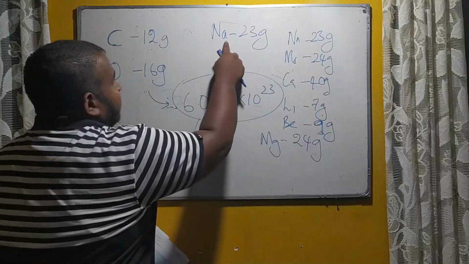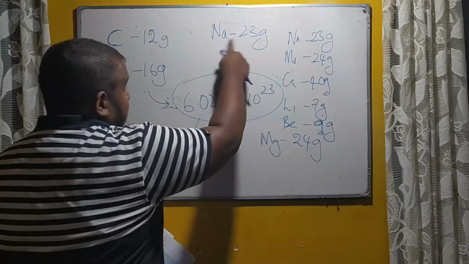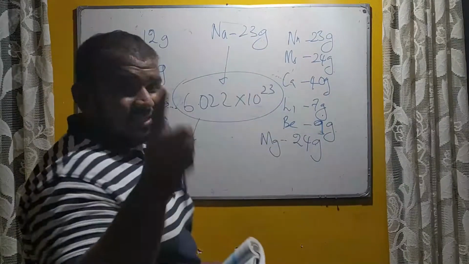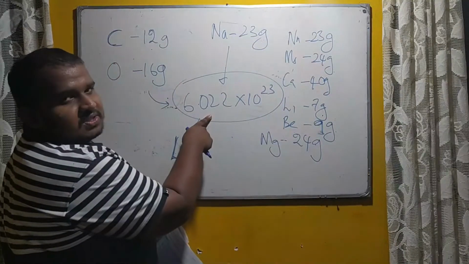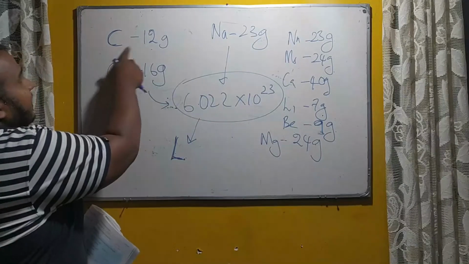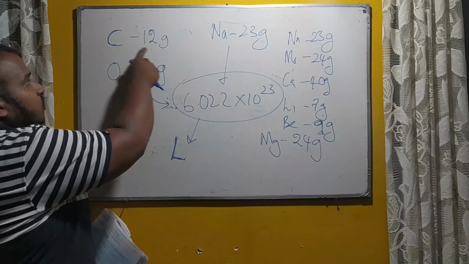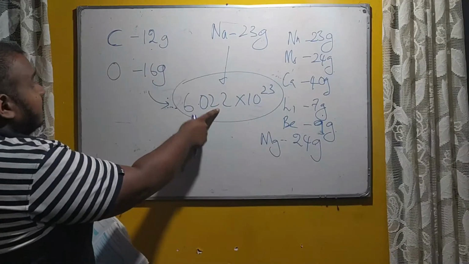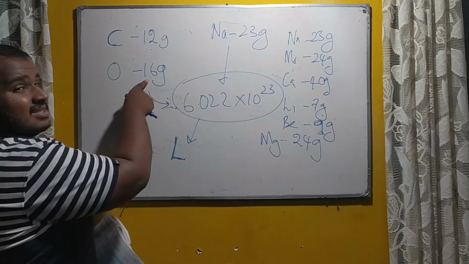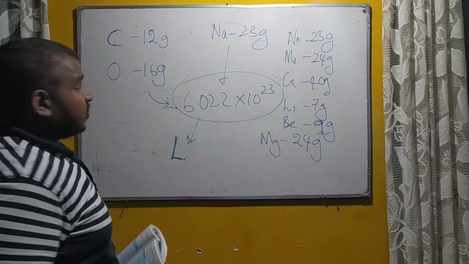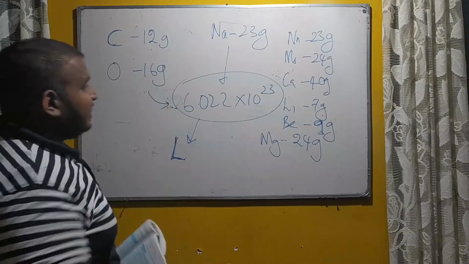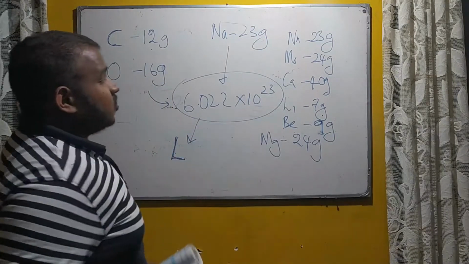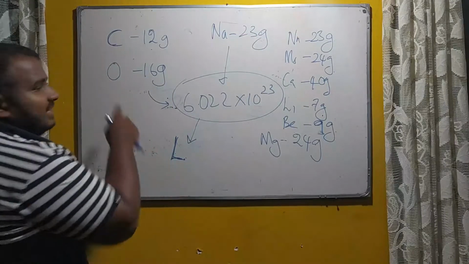If you take sodium, 23 grams, it contains this much. If you take carbon, the relative atomic mass is 12, if you take 12 grams, it contains this much. If you take 16 grams of oxygen, it contains 6.0 into 10 to the power of 23 oxygen atoms.